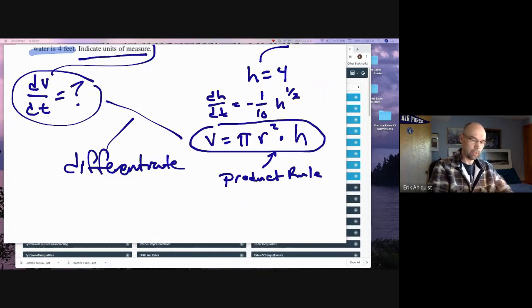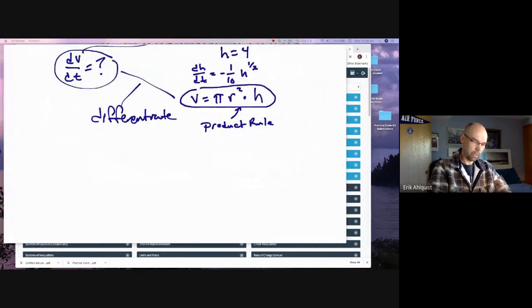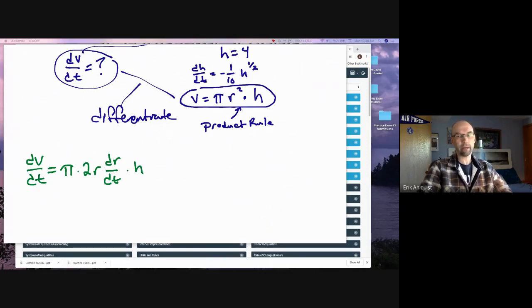I know I'm going to have to differentiate that equation to get dV/dt. So that's what I'm going to do in part A. For all this information, if I differentiate the V, I get dV/dt. If I differentiate the right-hand side, I have to use the product rule. So I have pi times 2r. But remember, anytime you differentiate a variable, you have to have the derivative of that variable with respect to time, because time is a brand new variable that we're introducing into this equation that doesn't have anything to do with time.